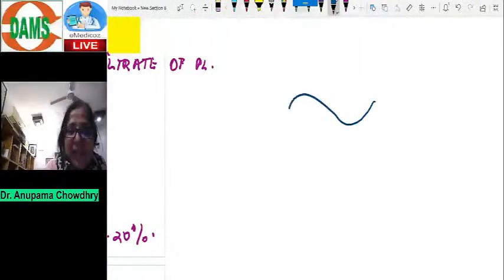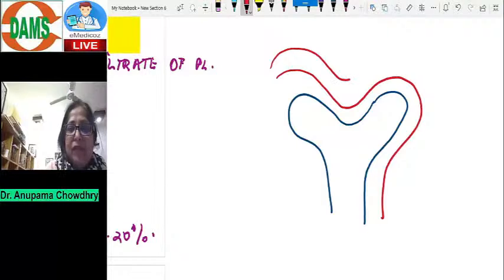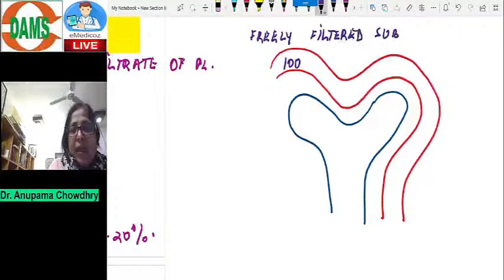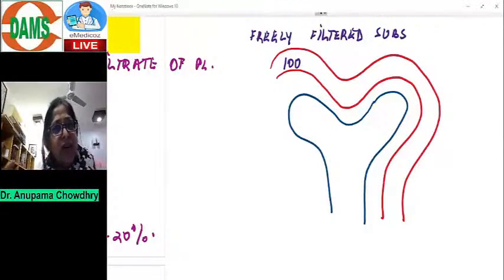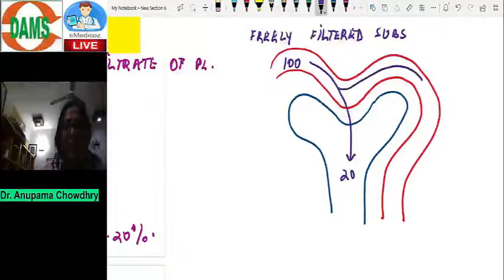Now, what do I mean by that again? If I see this Bowman's capsule, afferent arteriole, glomerular capillaries, efferent arteriole. Supposing I have a substance, and the amount of that substance here is 100. This is a freely filtered substance. An arbitrary figure I'm taking is 100. That means how much is going to be present in the filtrate? 20. 80 will be left behind. Have you understood?